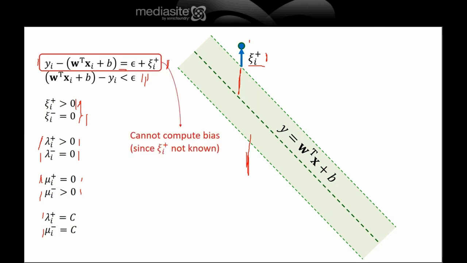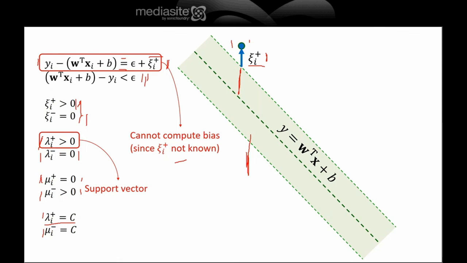We cannot compute the bias. Although I have an equality sign here, this lambda I plus is a primal variable, and if I use the dual, I don't have access to the primal variables. So I cannot use this point to compute the bias. And remember, here lambda I plus is equal to C. Is this a support vector? Yes, it's still a support vector.